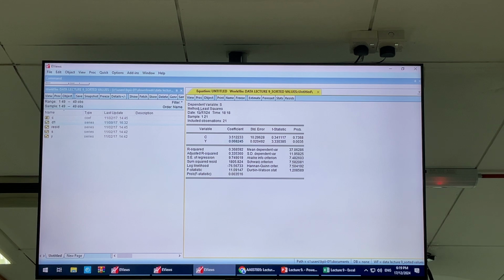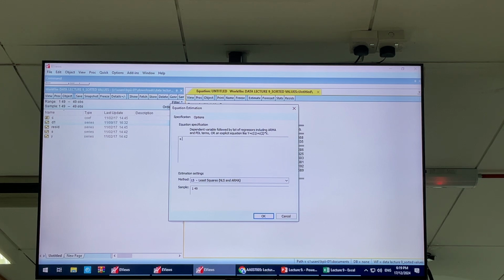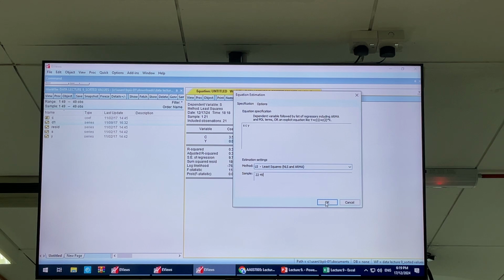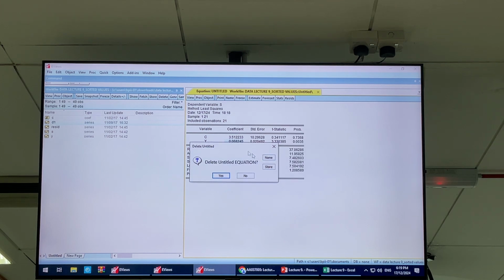And how about for female? So we estimate another model for female. So we have S space C space Y. We have data from 22 to 49. Okay, so just name the first one equation 1.